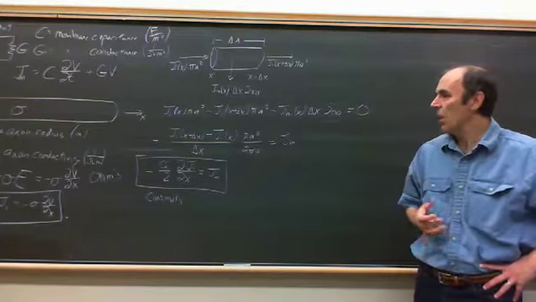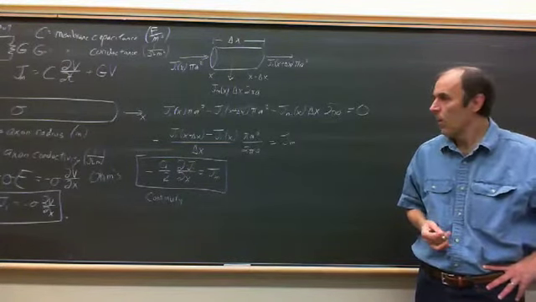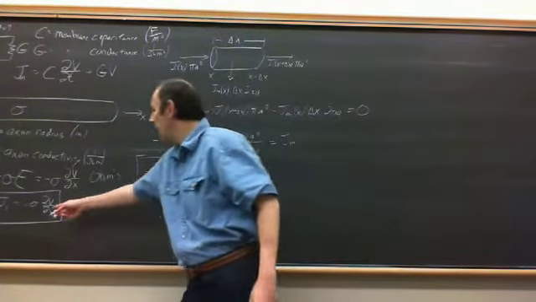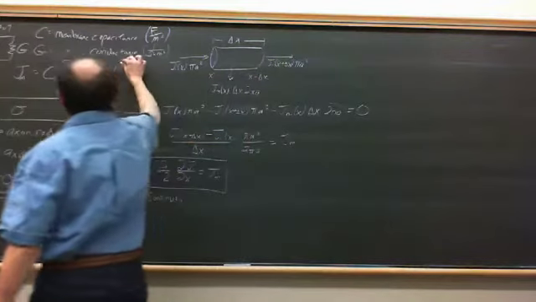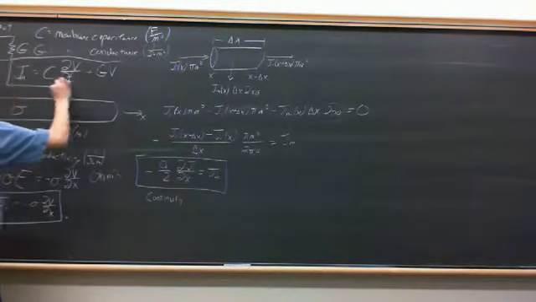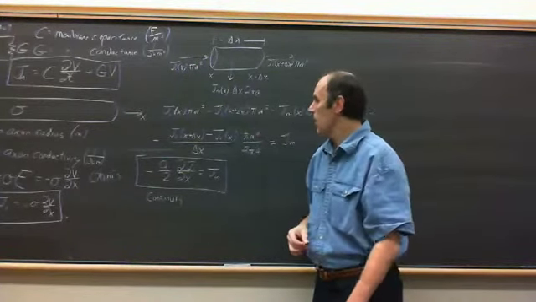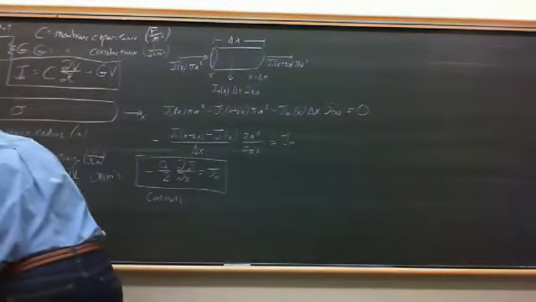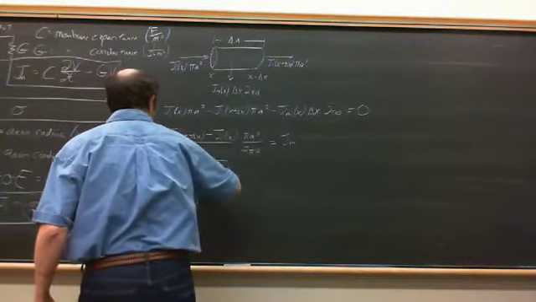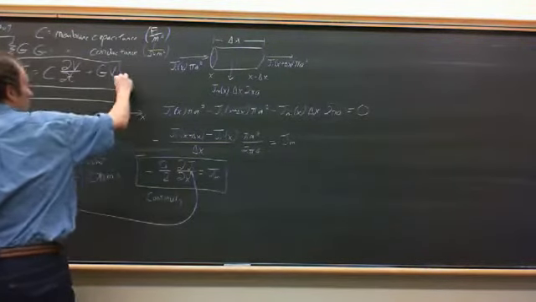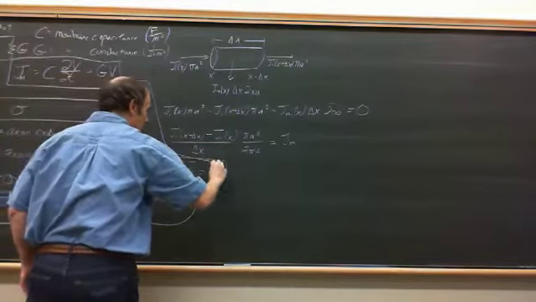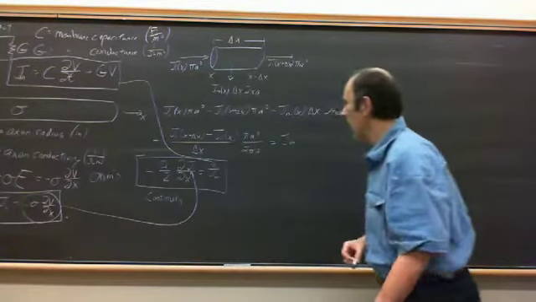We want to get an equation for voltage. Well, we have an equation for Ji. We have an equation for Jm. And we have this continuity relationship. So let's just put this in for Ji, and let's put this in for Jm and see what we get.